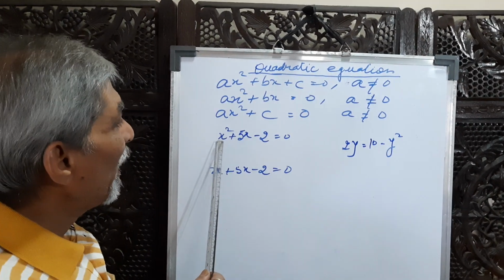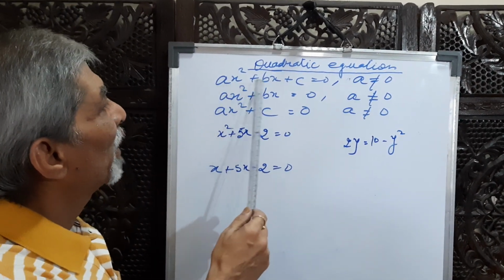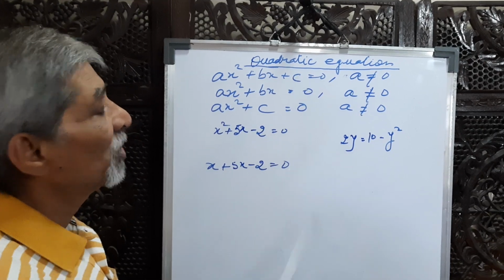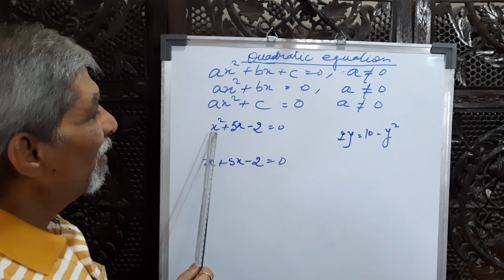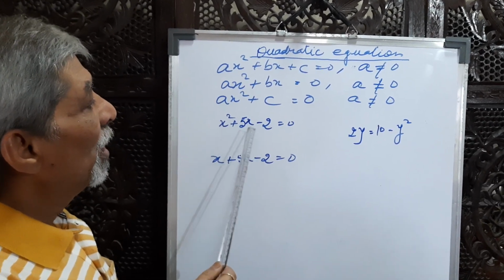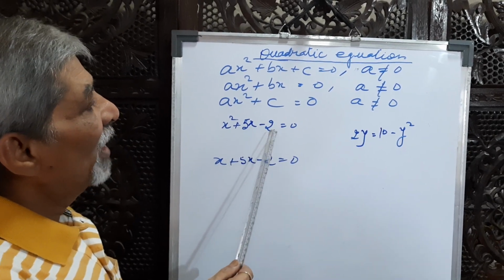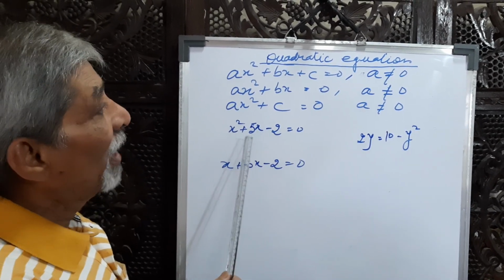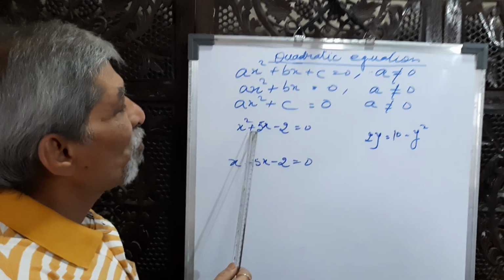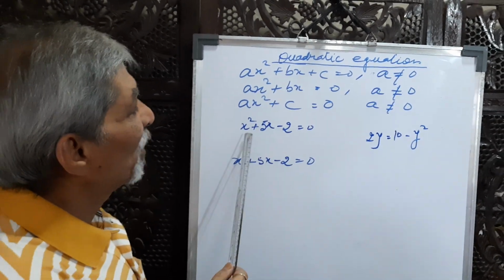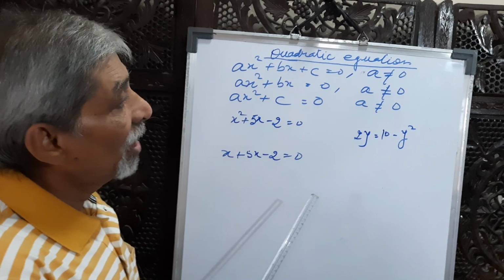So we will compare this equation to ax squared plus bx plus c equals 0. This is ax squared, here a is 1, b is 5 and c is minus 2, and it is exactly required by the quadratic equation. So this is a quadratic equation.